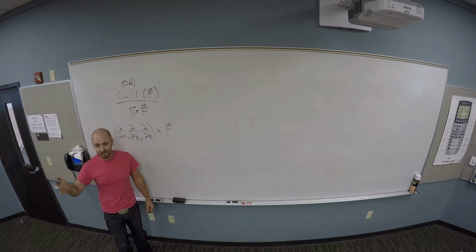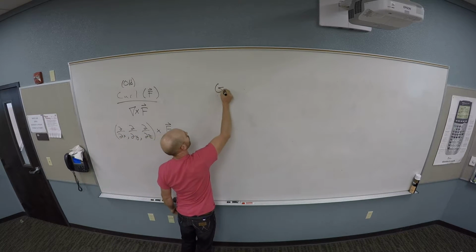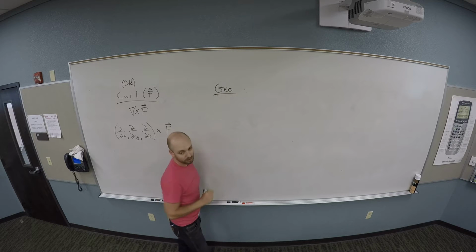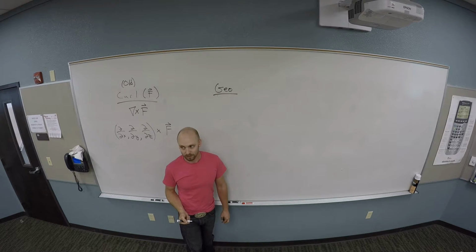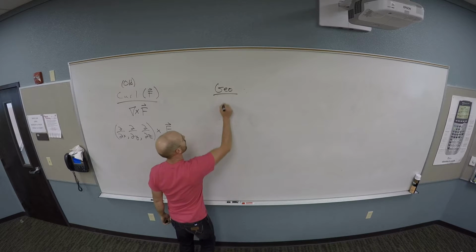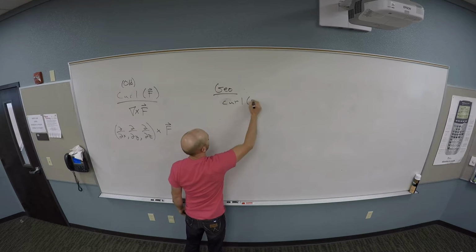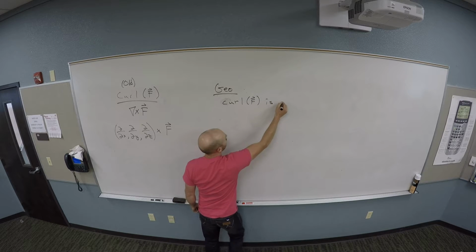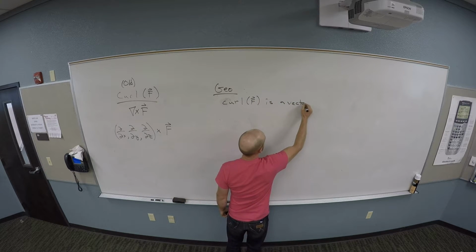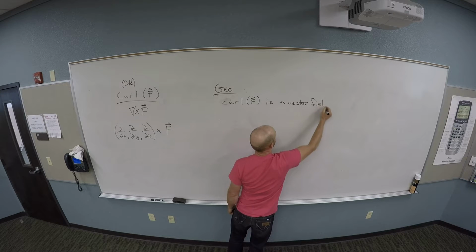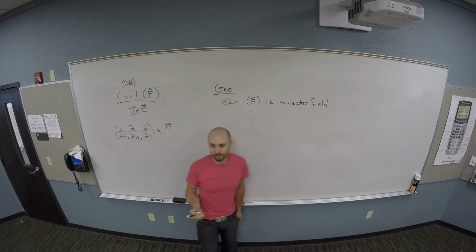But what that thing means geometrically, and this is why we do this, the geometric definition is that curl of F is a vector field. Does that make sense that it would be a vector field? Yeah, it's a cross product.